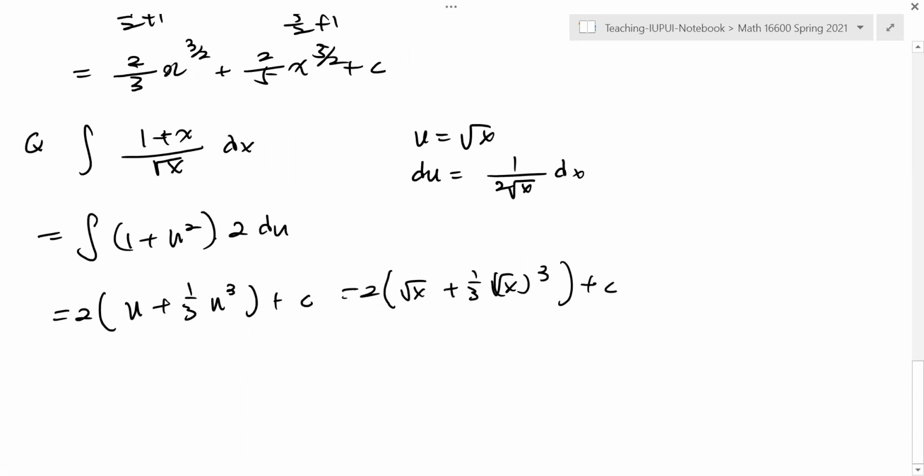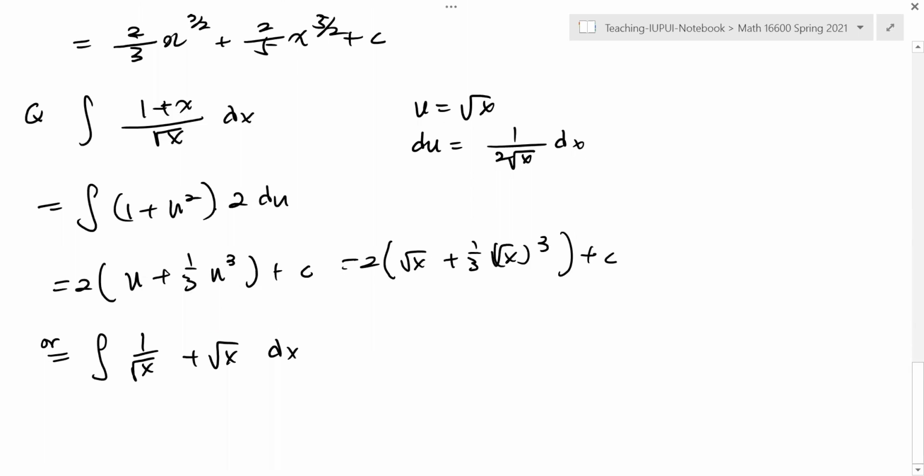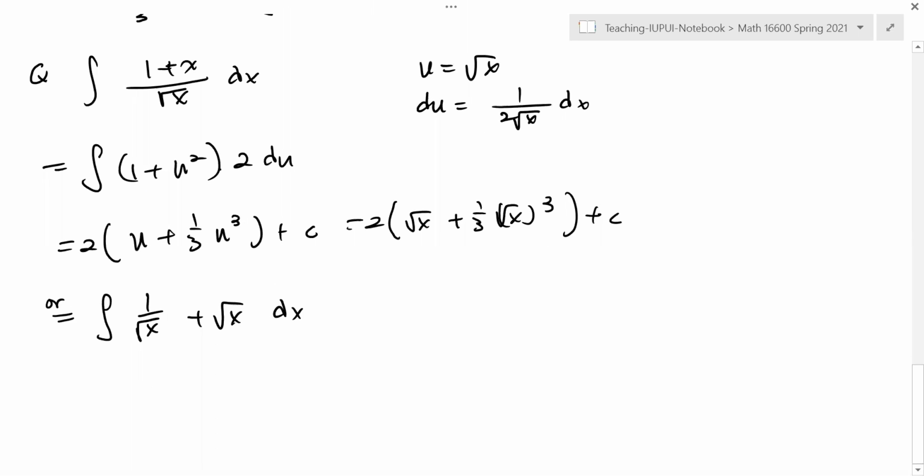Now, if you do not use a substitution, I think it's slightly simpler, because this can be 1 plus x over square root of x dx, which is 1 divided by square root of x plus x divided by square root of x. Then you find the antiderivative of each of them.